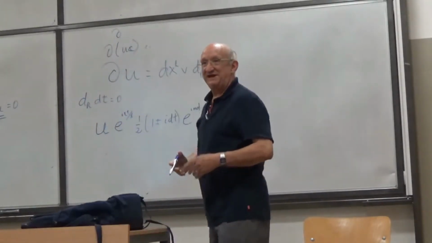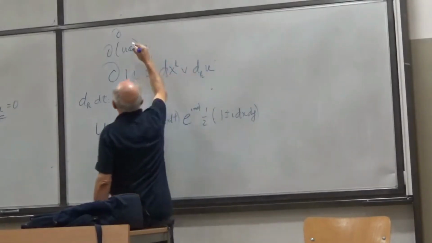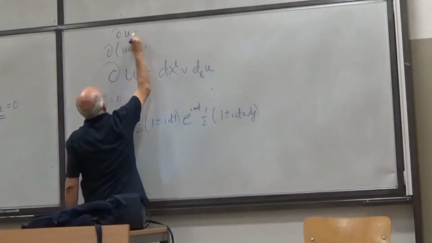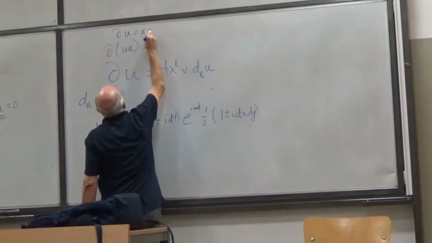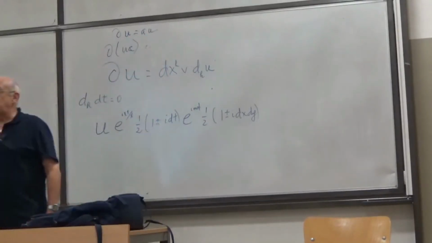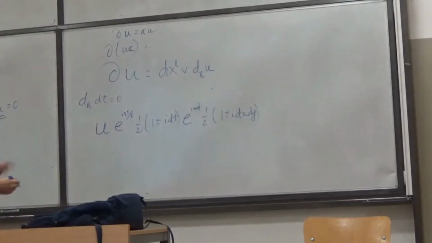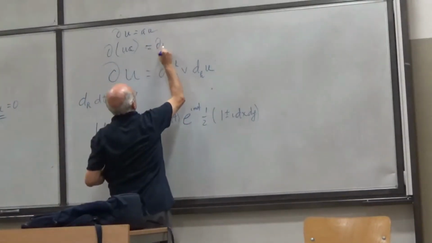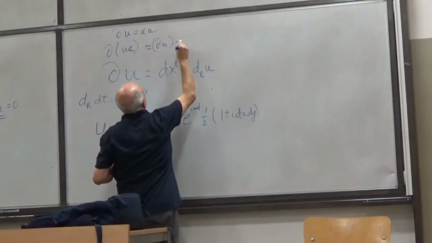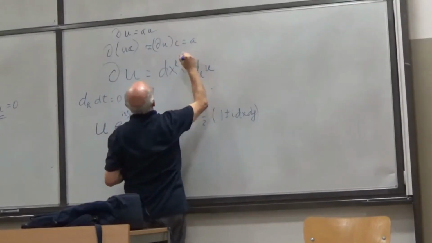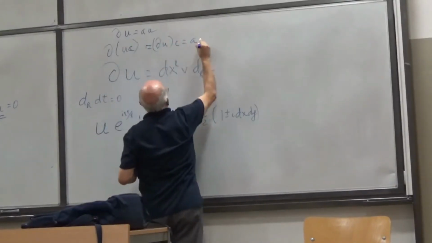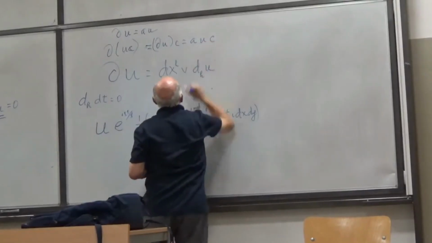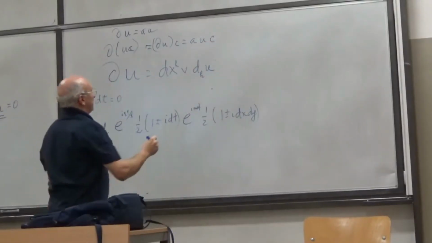When I have the Keller derivative, if U satisfies the Keller equation, then it happens that this is equal.